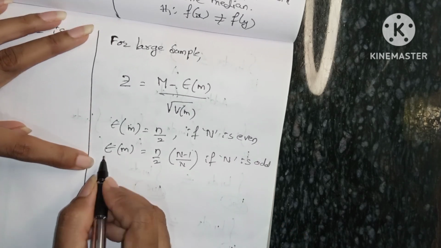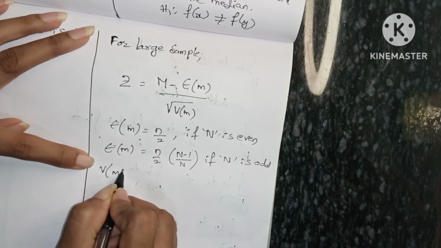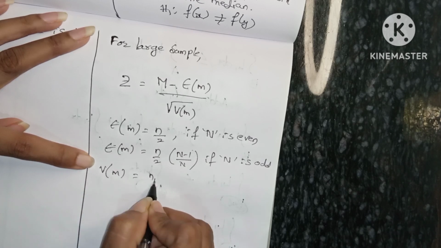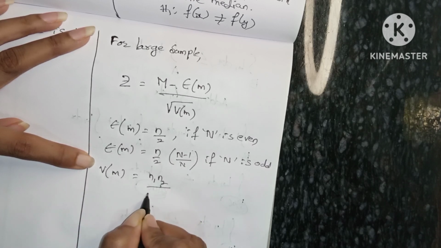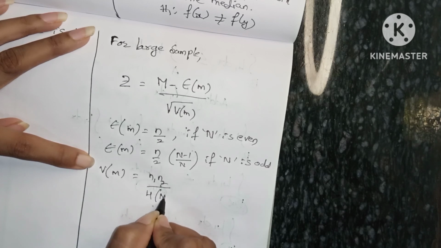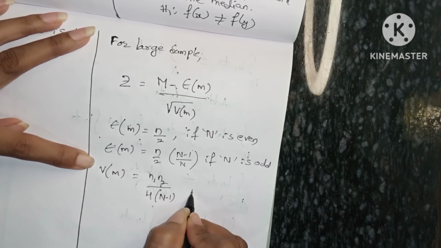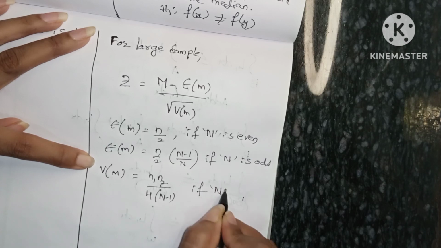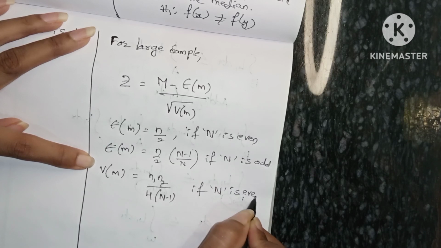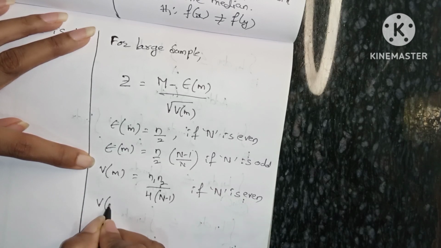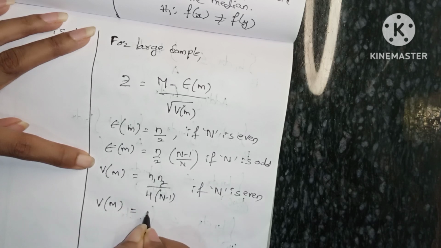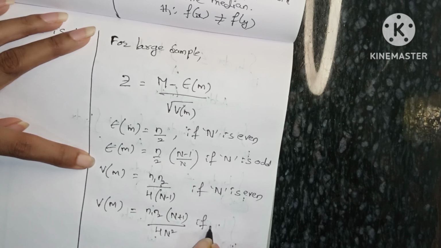Next, variance of m equals n1 n2 by 4(n minus 1) if n is even. And variance of m equals n1 n2 (n plus 1) by 4n square if n is odd.